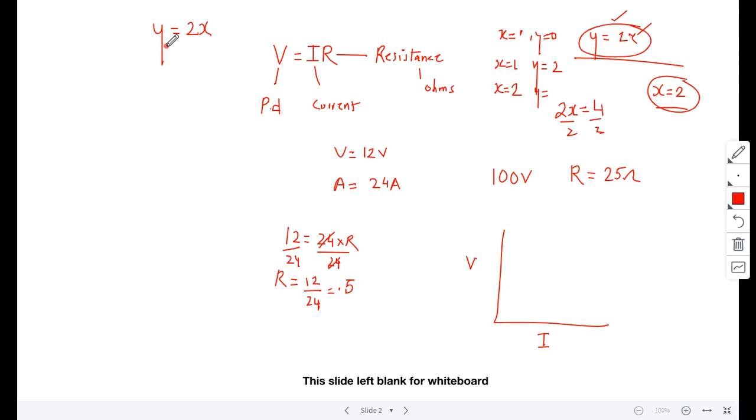In place of x, you have to write 2, like this: 2 times 2. Then y is equal to? 2 times 2 is 4. Yes.